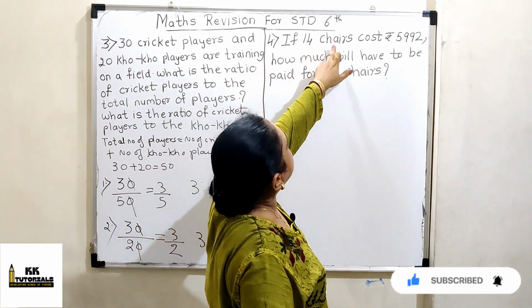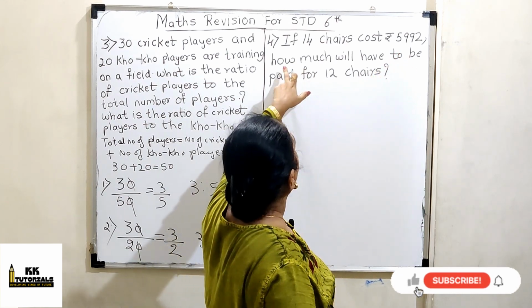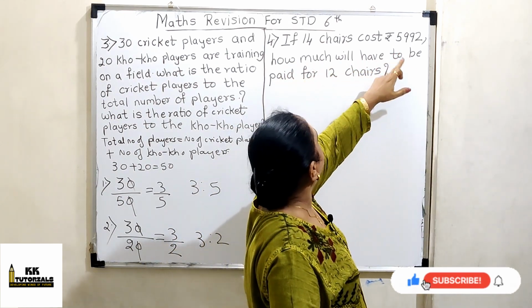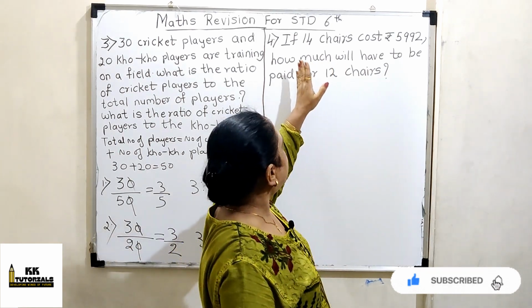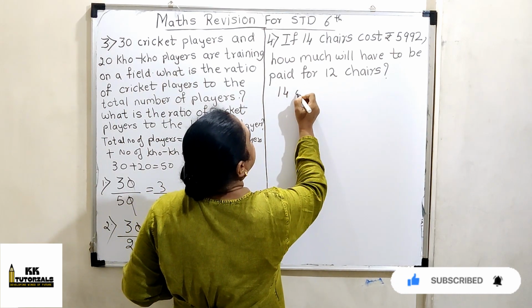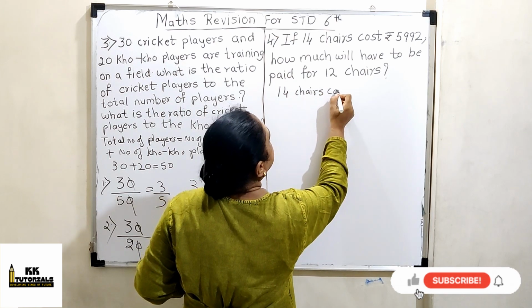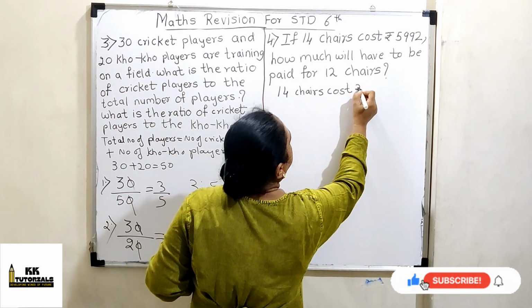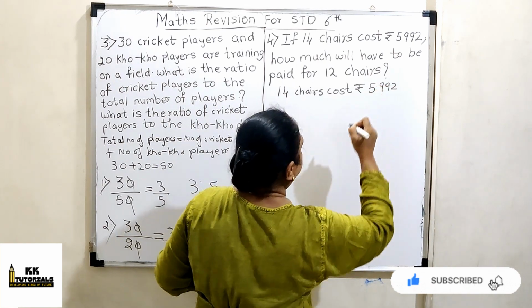If 14 chairs cost rupees 5,992, how much will have to be paid for 12 chairs? Okay. So first of all, they have given 14 chairs cost rupees 5,992.